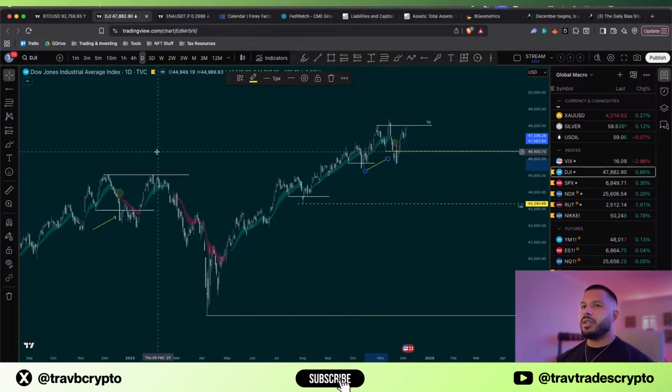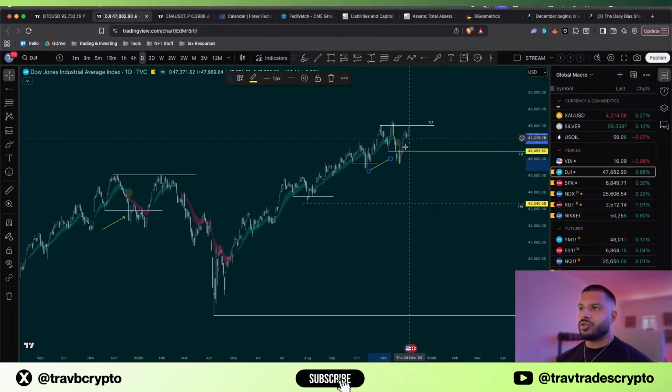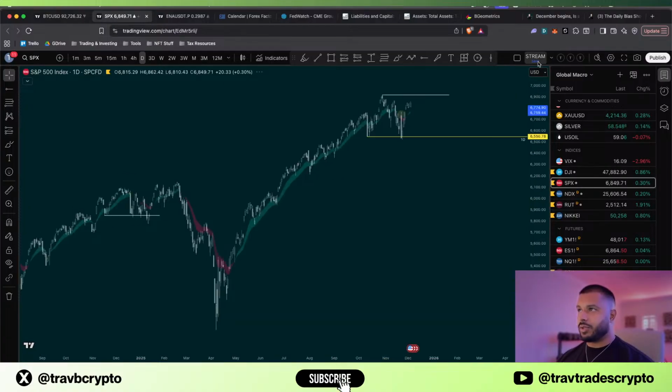In my opinion, if it is a big distribution, we're still not out of the woods. We need to actually see it trending into all-time highs. But we're seeing a strong bid come through. Look at the consecutive days up, barely any days down, and this is consistent across all the indices.